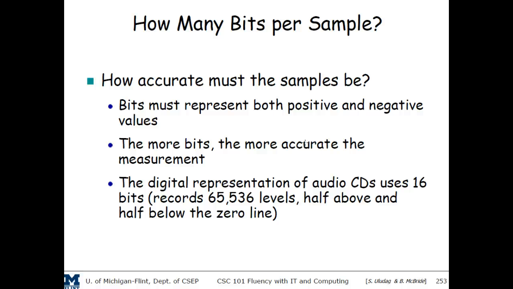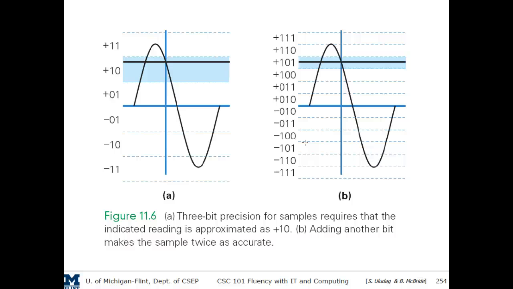Now, to better understand this, let's use a smaller sample size. To illustrate this, look at a sample size on the left where we have only 3 bits of precision, and on the right we have 4 bits of precision, so just one more bit.